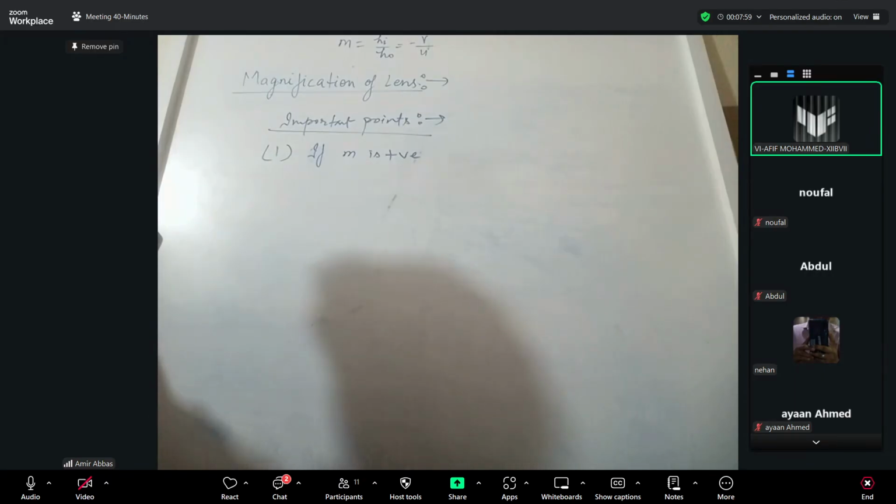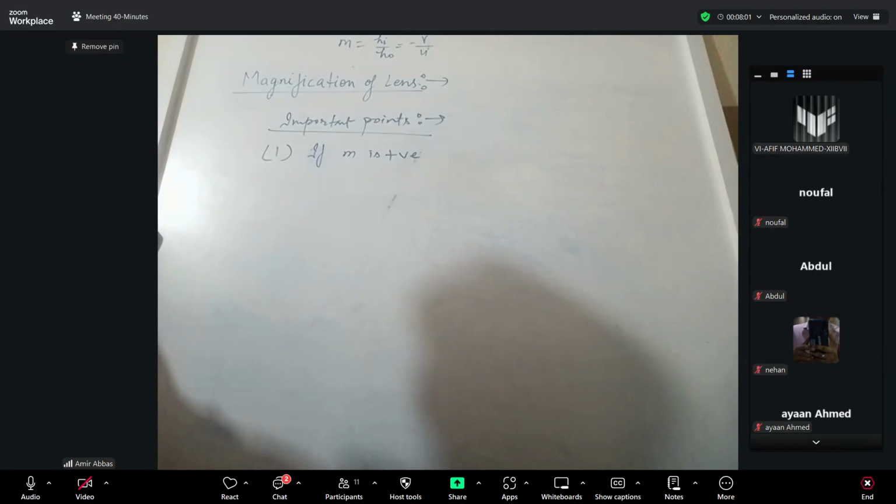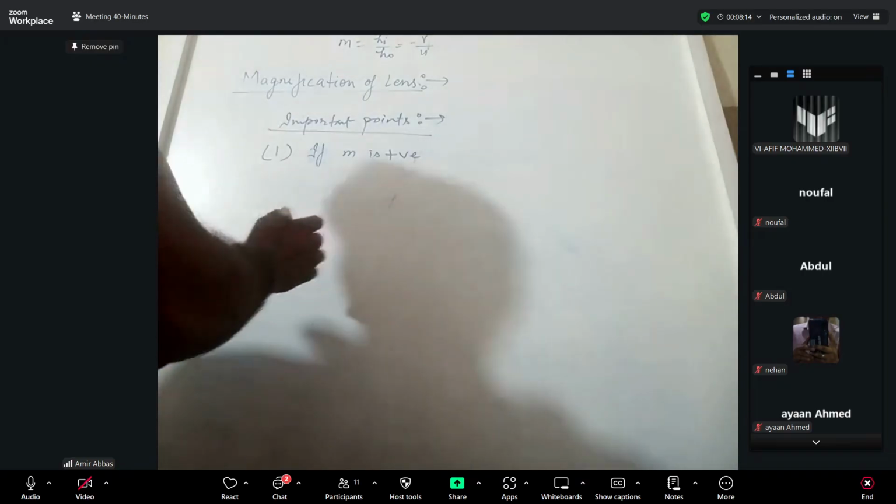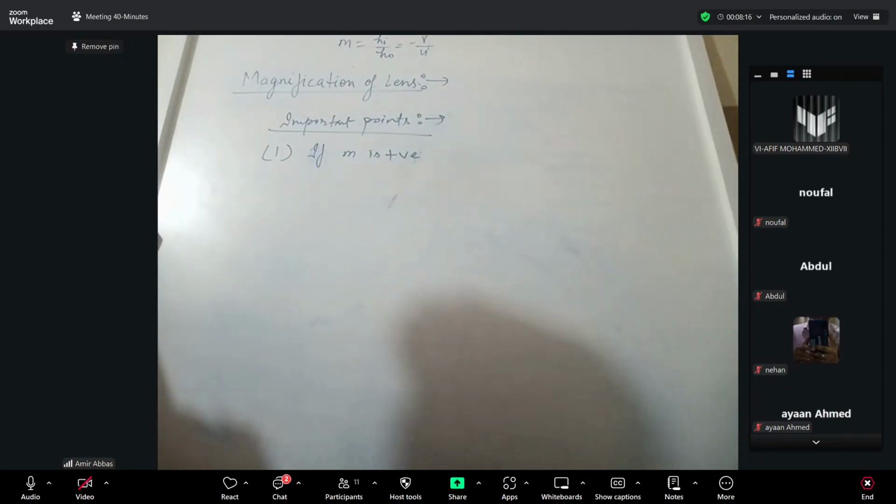But the sign of the M decides whether the image is virtual, erect, or real, inverted. So if the M is positive, what the image is then? What we have seen in the case of mirror.